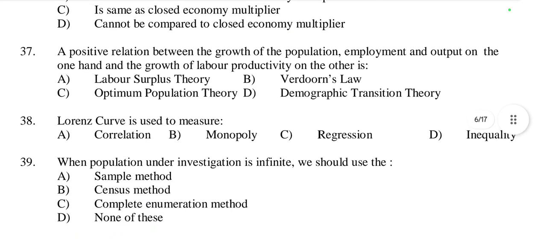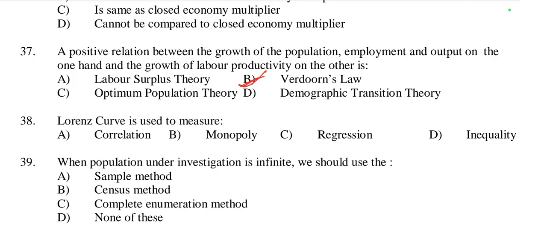Then question number 37: the positive relation between the growth of population, employment and output on the one hand and the growth of labor productivity on the other is called labor surplus theory, Verdoorn's law, optimal population theory, or demographic transition theory. It is called Verdoorn's law because Verdoorn's law says there is a positive relationship between the growth of output and labor productivity.